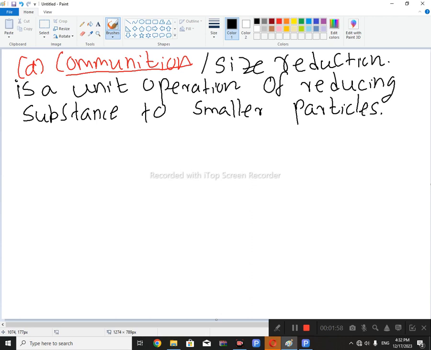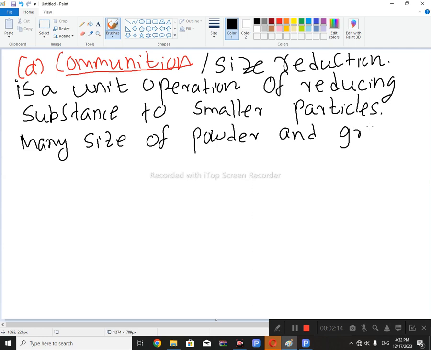Many sizes of powder and granules are used in the pharmaceutical industry.